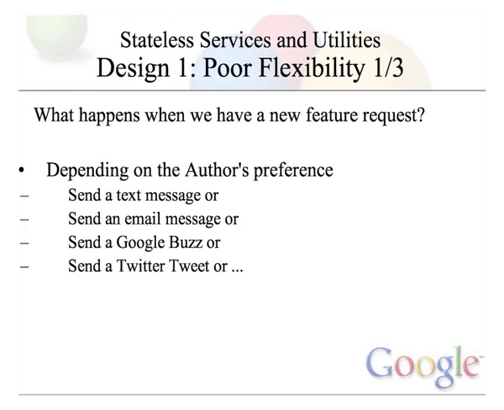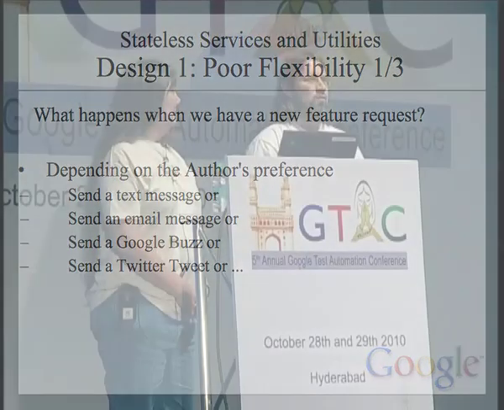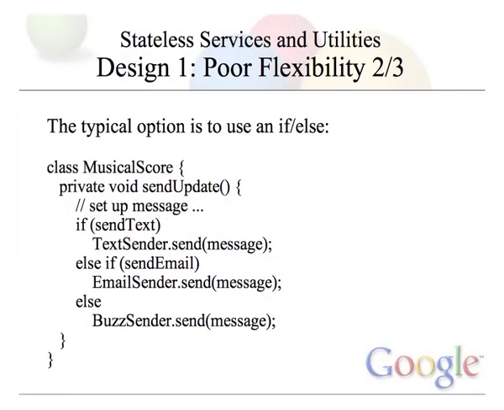Okay, we've got a flexibility concern. What happens as we want to support additional ways of notifying an author? We were notifying by email before, but now some users want text messages. Others want a Google Buzz or a Twitter tweet. Here's typical code that we see feature developers write to solve this problem.